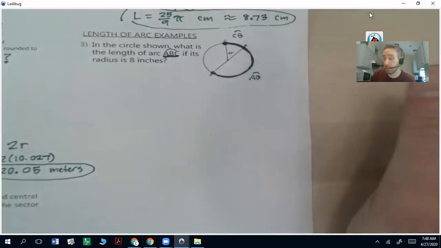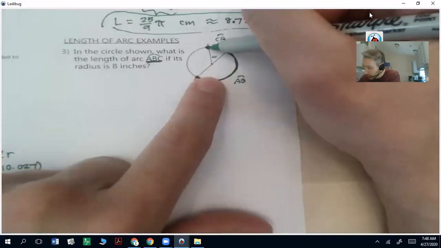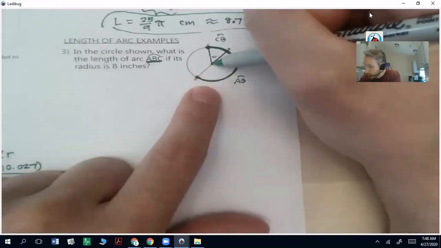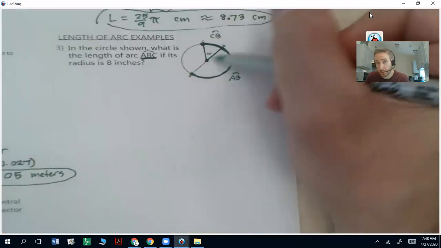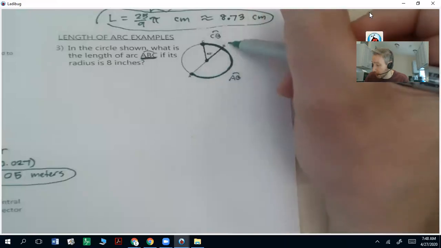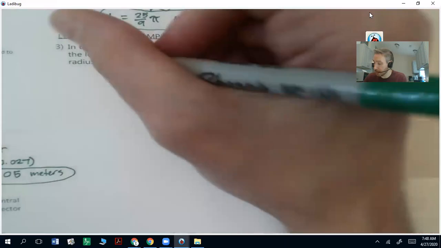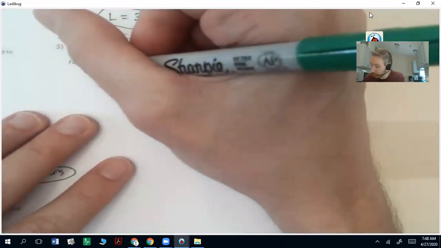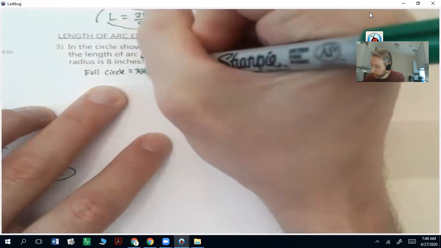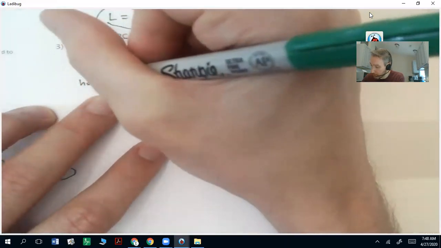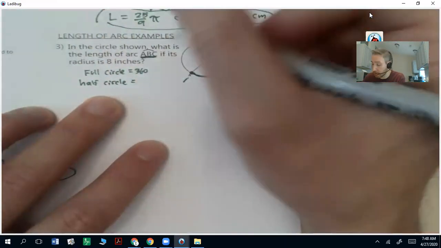So let's break down what both of those are. I know CB is going to be 40 degrees. That's given. I can assume that this is a diameter, so that means that this is going to be half the circle. An entire circle is 360 degrees. Half a circle, or semicircle, is 360 divided by 2, which is 180.